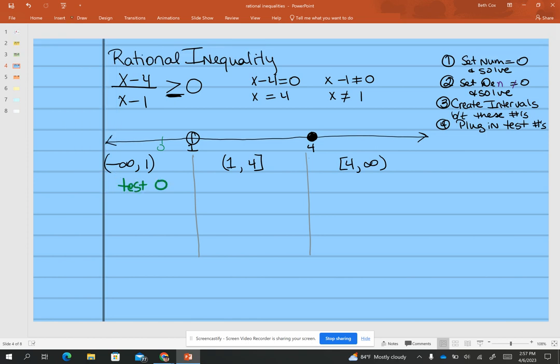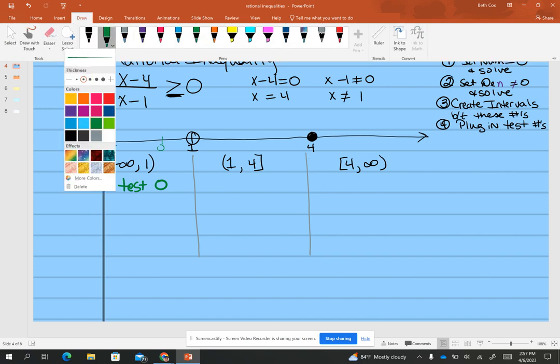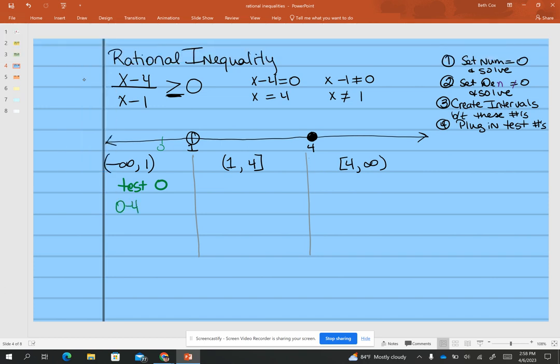I'll plug in 0 and see what I get. I'm going to have 0 minus 4 and 0 minus 1. And that's going to give me negative 4 over negative 1, which is a positive 4. This is a positive answer.